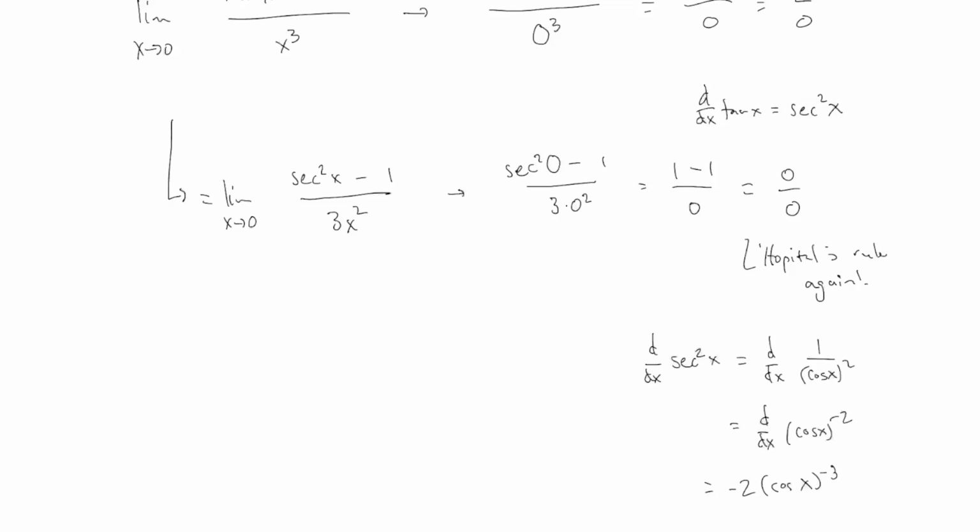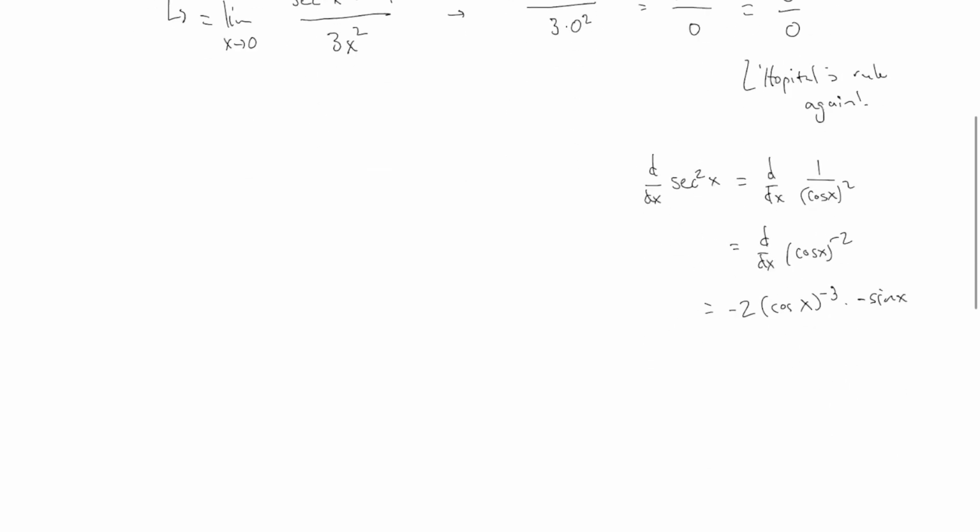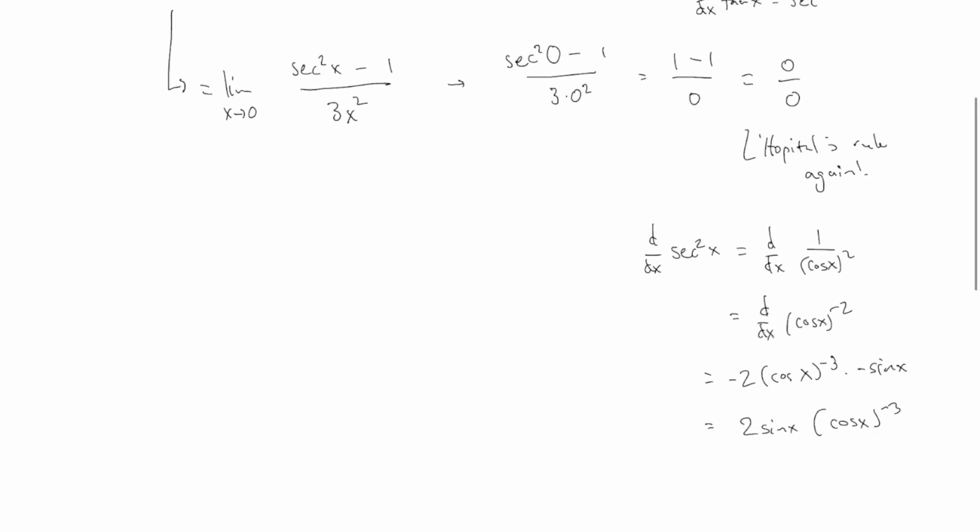The derivative of the inside is negative sine x, right? Something like that. Maybe I'll just simplify this a little bit because I'm going to have to be plugging this into some other stuff. The minus signs cancel. 2 sine x cosine x to the minus 3. I think that'll do it.